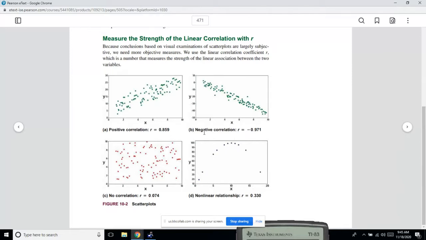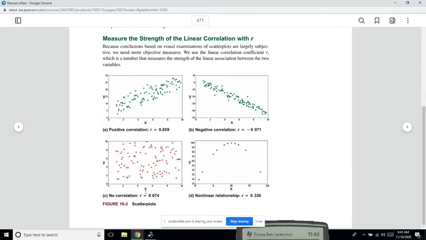If we take a look at figure B, as we read this graph from left to right, it descends in a linear pattern. This graph has a negative correlation, approximately negative 0.971.